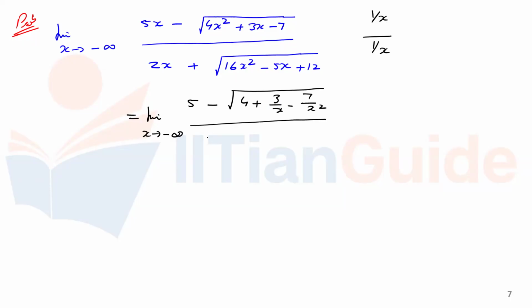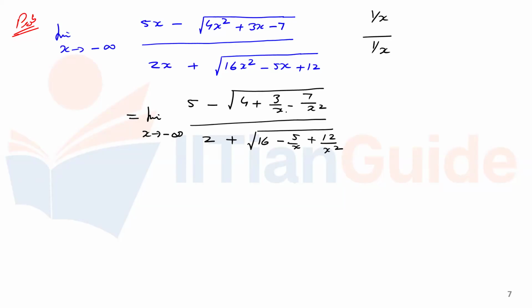And 1 by x, 2x by x will give me 2 plus sign is there. And here I'm going to get 16 minus 5 by x plus 12 divided by x square. Am I right? जल्दी बोलिए, सही लिखा है? Yes, sir. Okay.